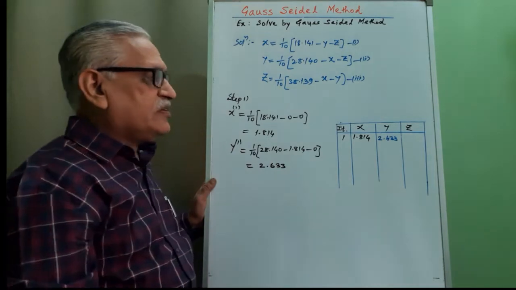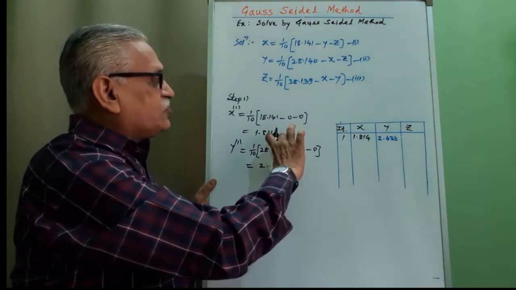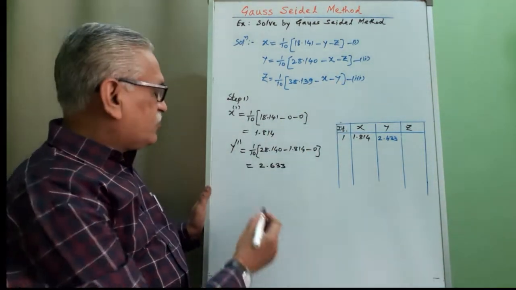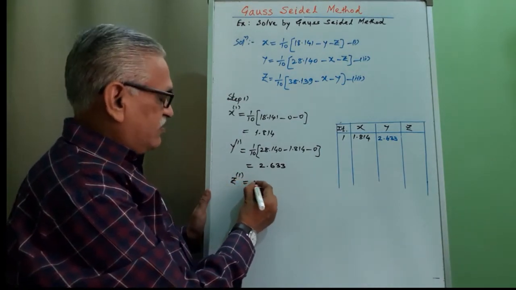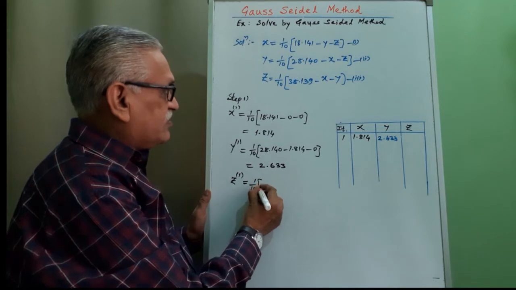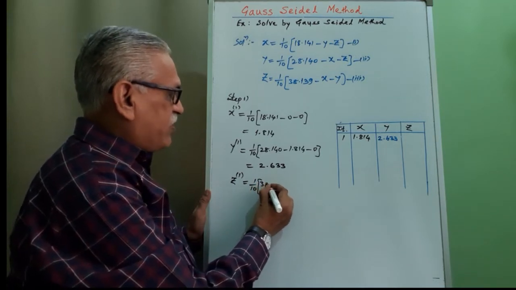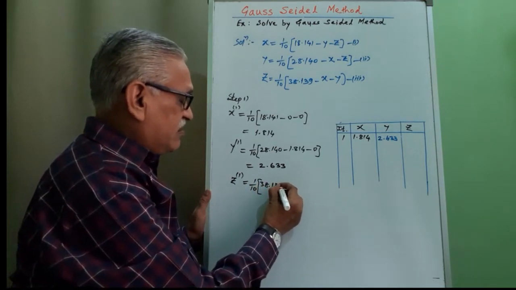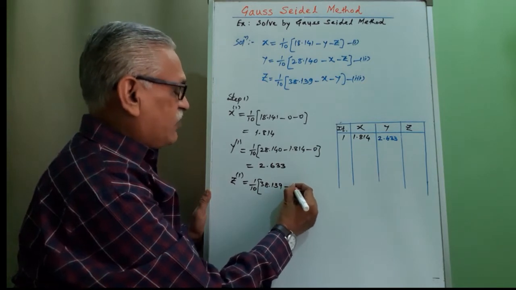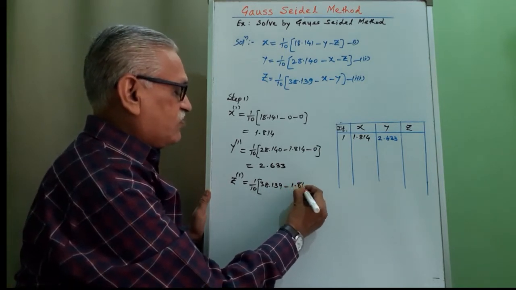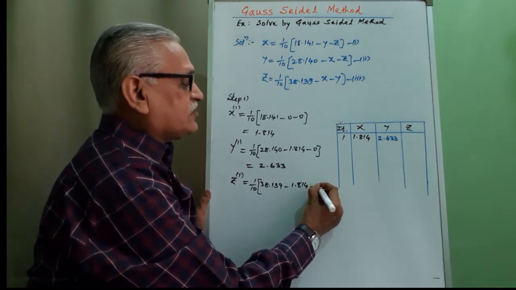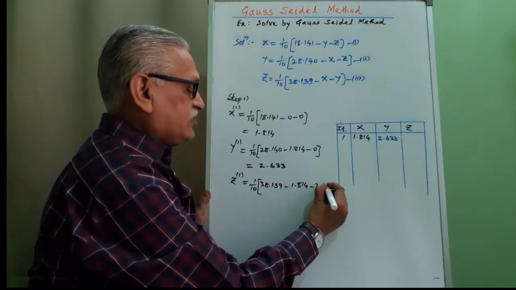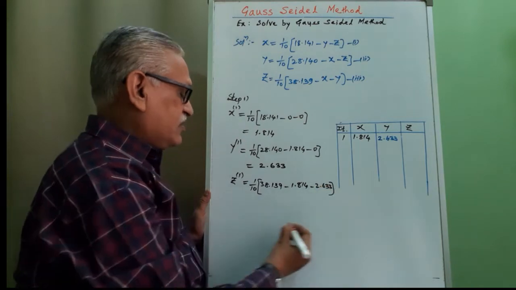Then substituting these two values in equation 3 to get the first approximation for z as again 1 by 10 times (38.139 minus x, 1.814, and minus y, 2.633).